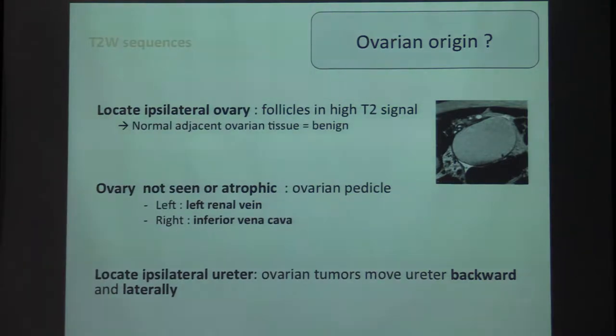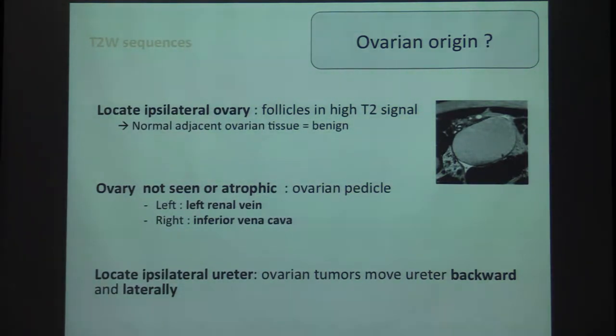You have to look at the T2 weighted sequences and locate the ipsilateral ovary by looking for the follicles, which are typically in high T2 signal. When you can see normal adjacent ovarian tissue, then it's an important sign because the tumor you see is highly likely to be benign. When the ovary is not visible, thin or atrophic, like in postmenopausal women, then you have to follow the ovarian pedicle.